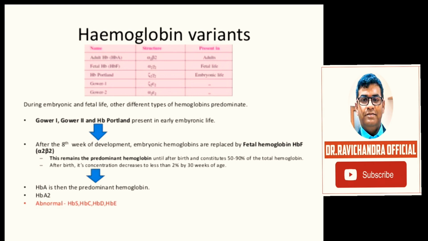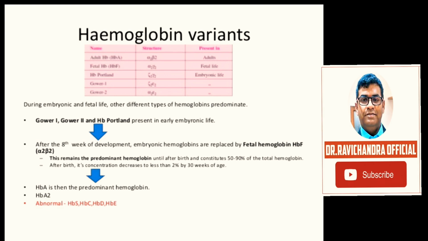This remains the predominant hemoglobin until after birth and constitutes 50 to 90% of the total hemoglobin. After birth, its concentration decreases to less than 2% by 30 weeks of age.